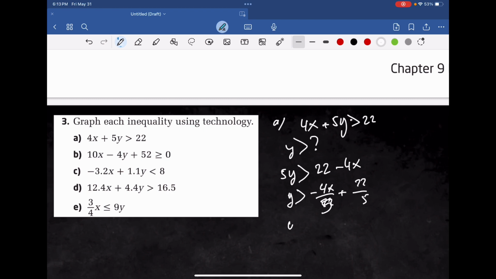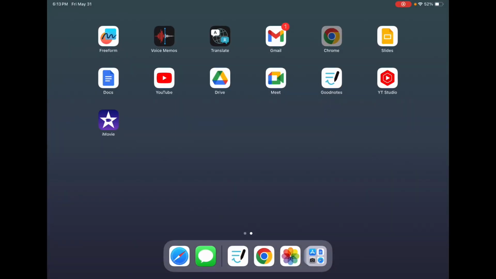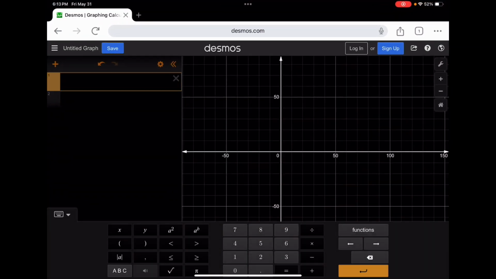So y is greater than minus 4 over 5 x plus 22 over 5. Now you need to go to your graphing calculator and graph y is equal to that.